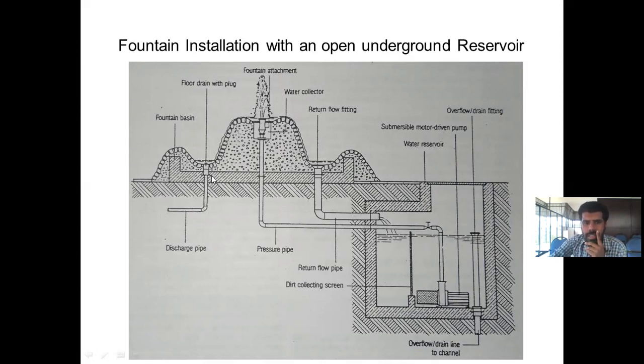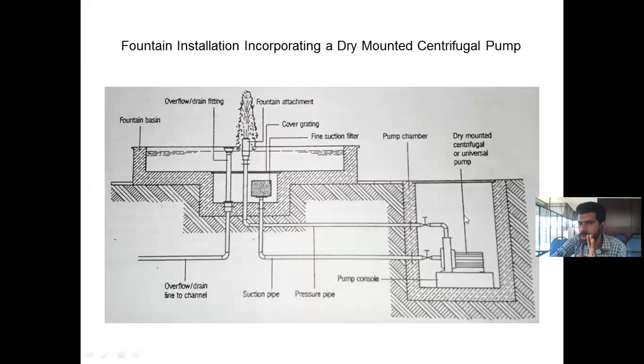Then this is the fountain basin. Now this is the return flow fitting, so the water can be returned back into a chamber. This chamber is being filled with water. In the earlier case it was not filled with water, as it was a dry mounted centrifugal pump.